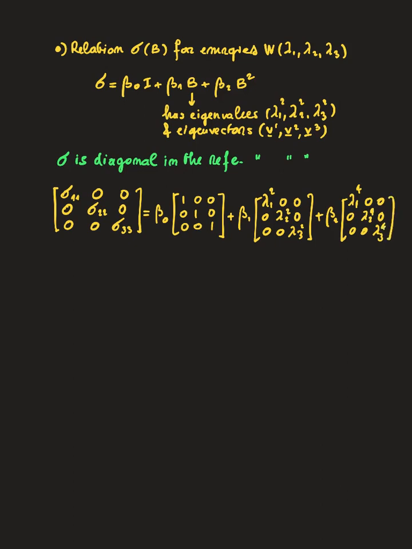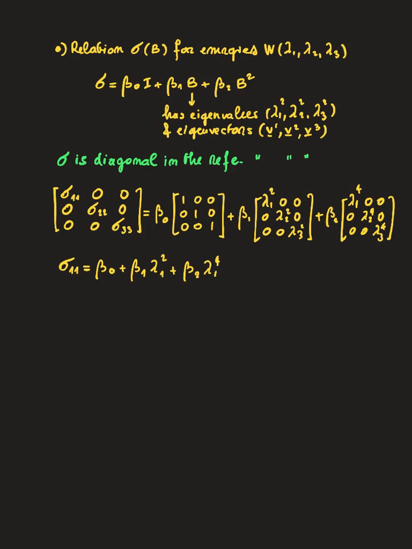Now, if I want to find sigma 1,1 from this expression, it is absolutely easy, because we immediately find that sigma 1,1 is equal to beta naught plus beta 1 lambda 1 squared plus beta 2 lambda 1 to the fourth power. And likewise for all the other components, sigma 2,2 with 2, sigma 3,3 with 3.